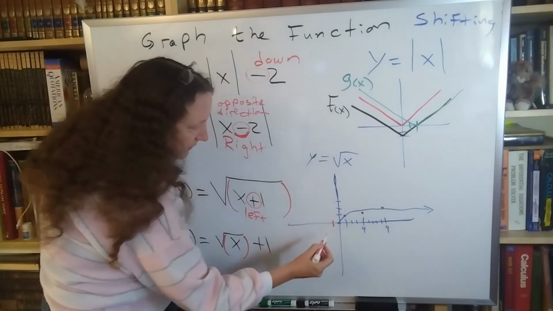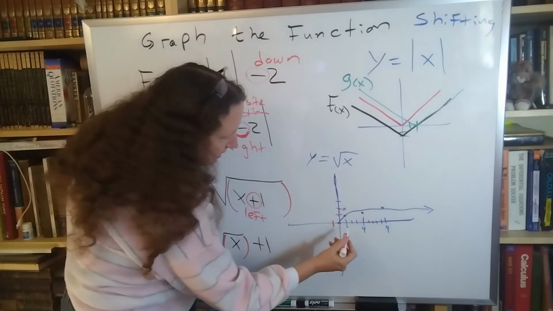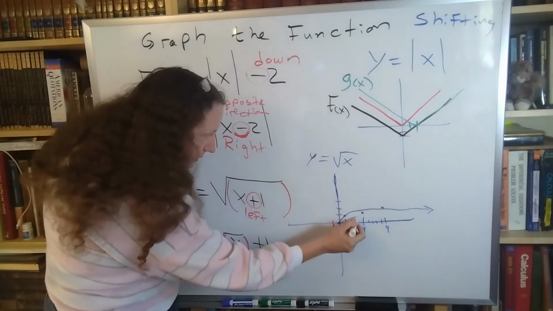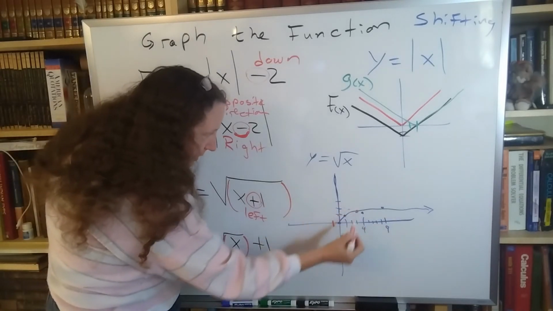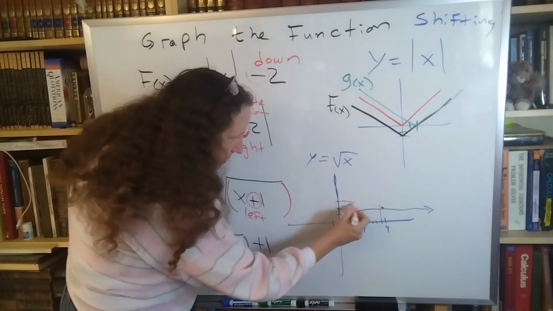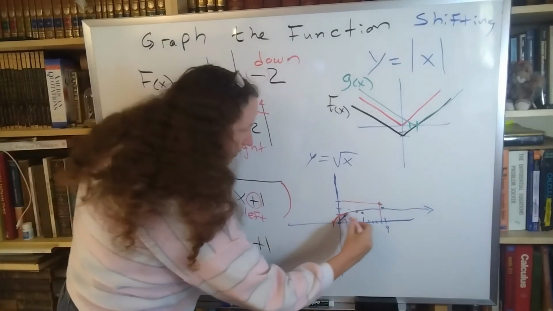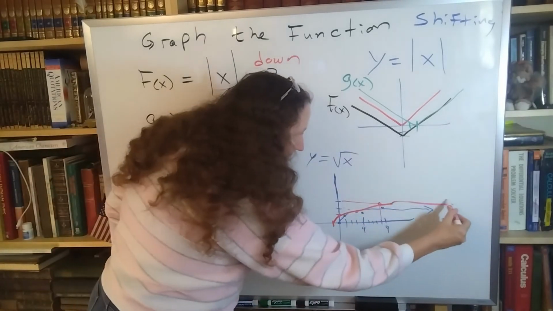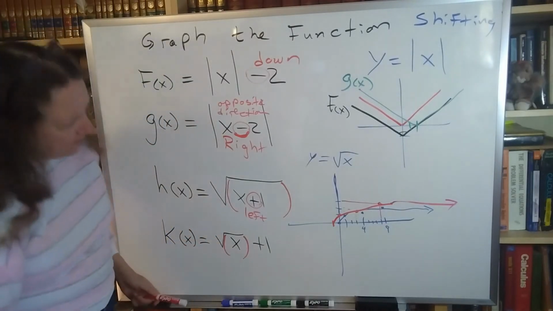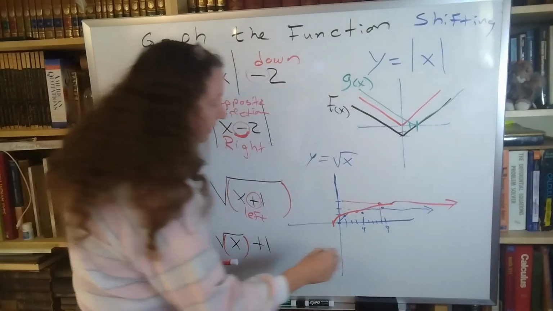So I have a dot there, I have a dot there, nope, that's not right, 1 space, so over 1, we put it there, and then 1 space over, put a dot there. So it goes up like that, and then it flattens out. And I did that wrong because I am not very good at it as an artist.